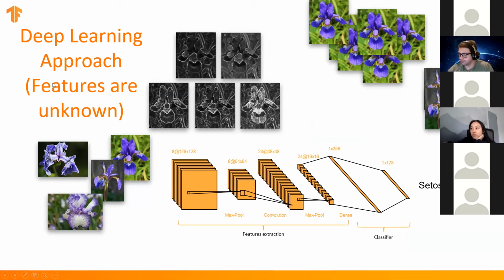So we have deep learning models, and what these kinds of models do is internally apply different filters or transformations to the image, and they identify features like borders and different shapes in the image. That means the model itself is going to learn which features it needs to use in order to solve the problem. So the main difference between a conventional machine learning approach and deep learning is that the deep learning model already has a feature extraction implemented.